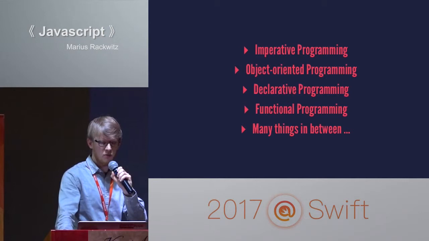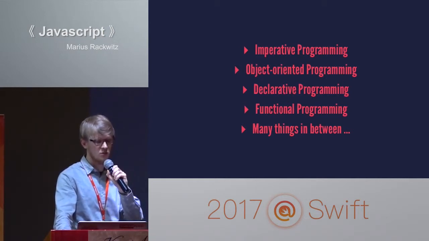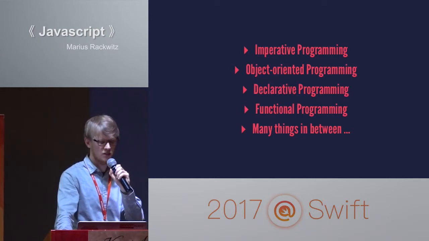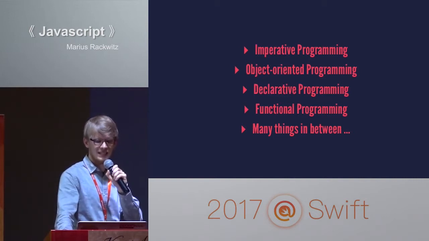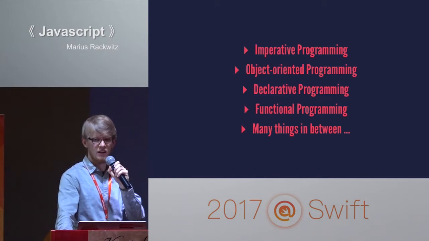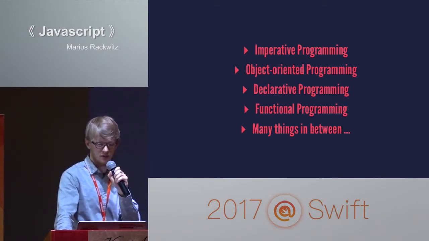With both, we can see imperative programming, object-oriented programming, declarative programming, functional programming, and many things in between. What most of us, I think, actually do. Going full pure functional is relatively rarely achievable when you're developing actual apps.